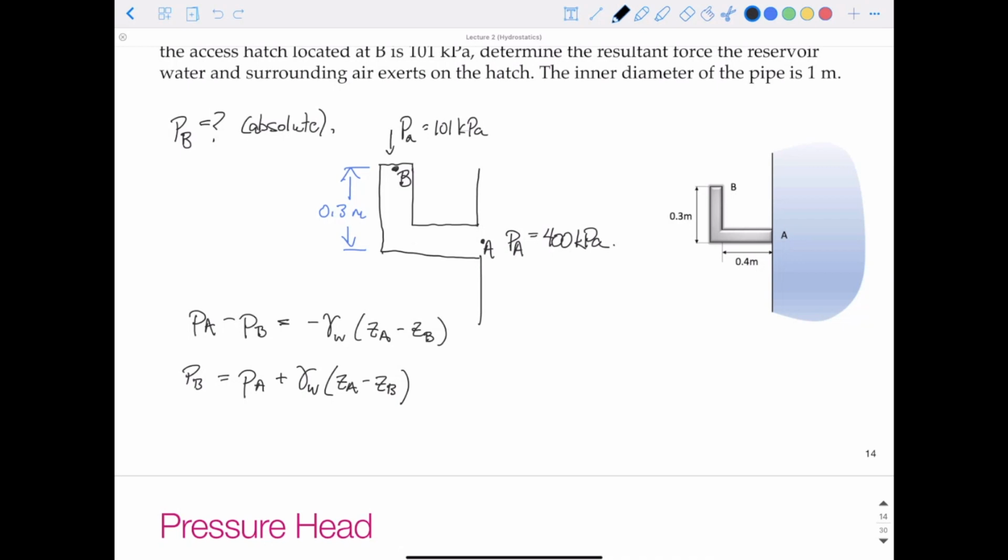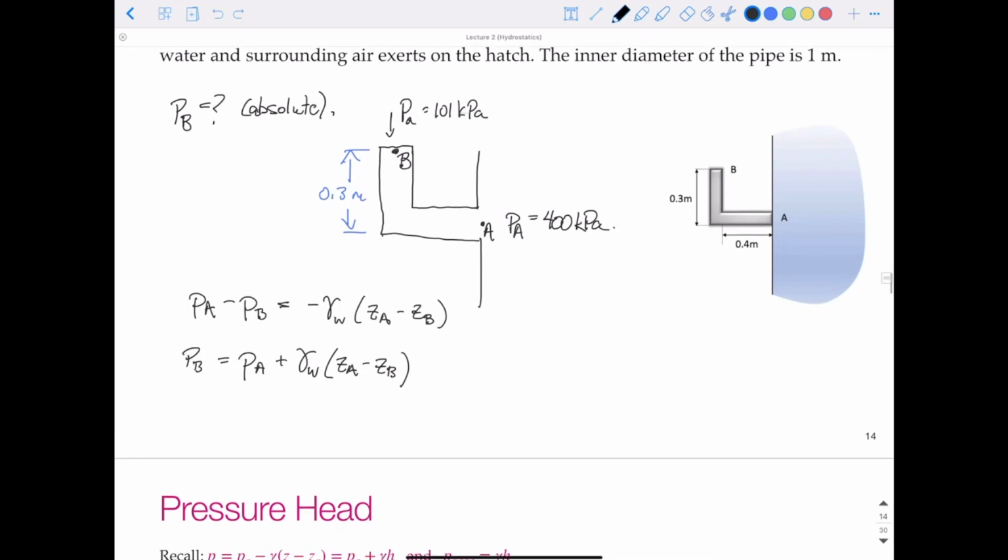Right, negative 0.3. Pressure at B, since it's at higher elevation, higher up from point A, should have a decreased pressure. So if we're going to decrease the pressure from point A, that means the quantity inside the brackets, ZA minus ZB, should be negative. So that'd be negative 0.3.